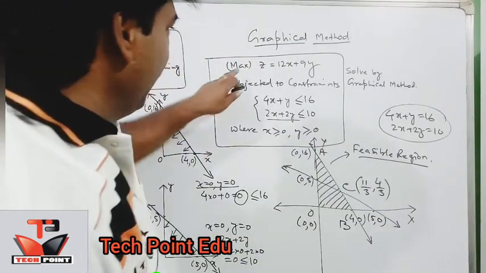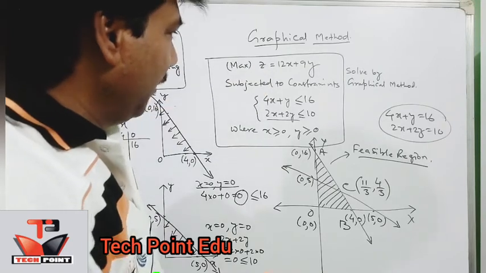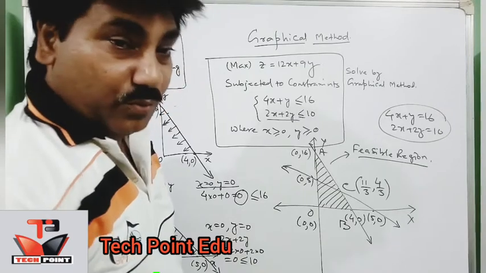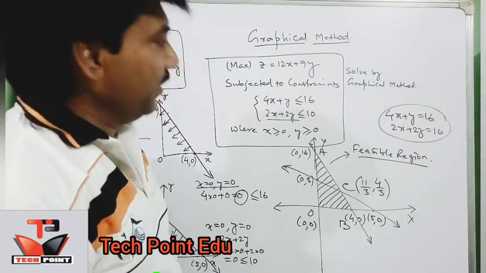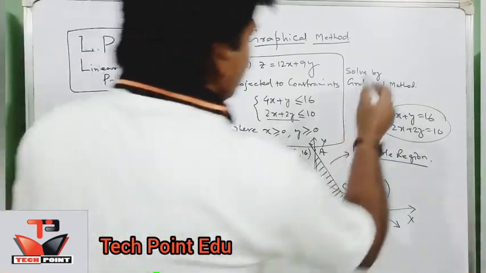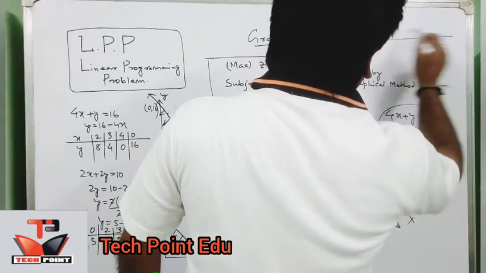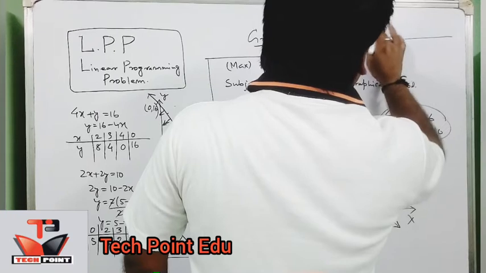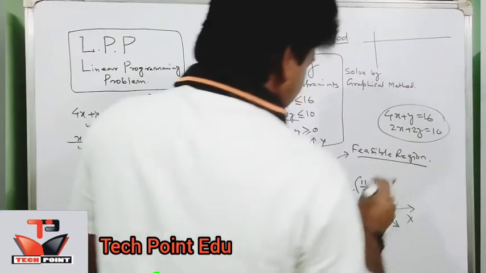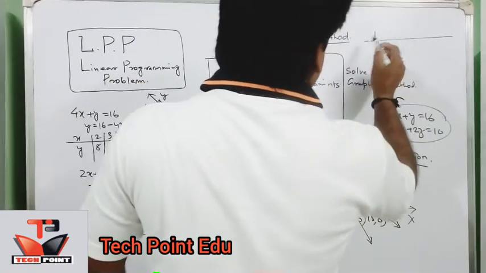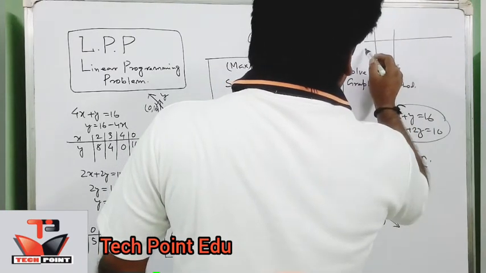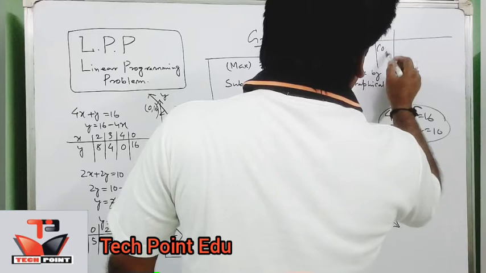Now we have to maximize z. The problem was maximize z. That means we have to find the optimal solution. To find the optimal solution, plot the values. That means O, that is 0, 0.